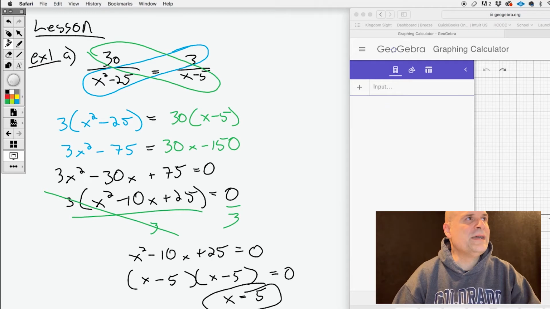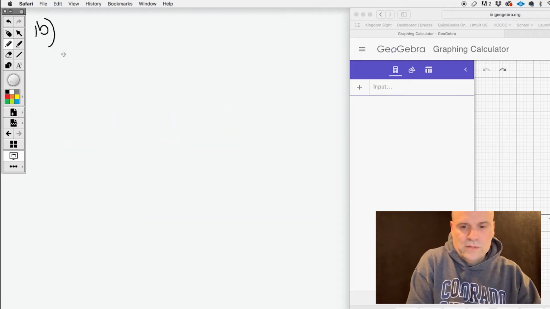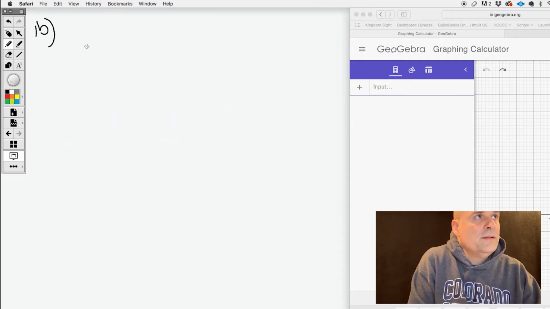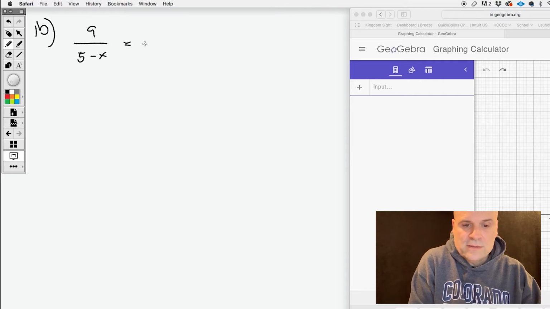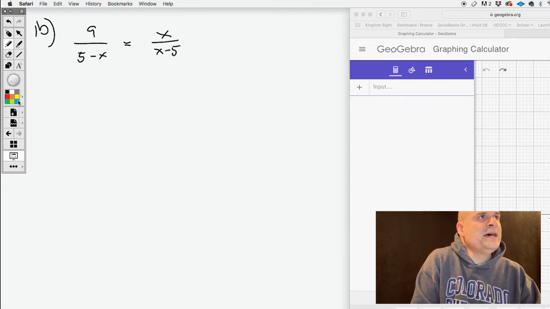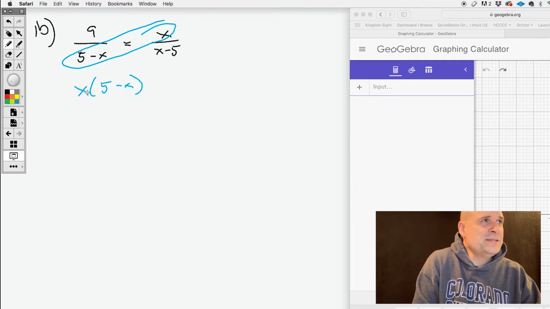All right, let's try 1b. Here's what 1b looks like: 9 over 5 minus x equals x over x minus 5. Cross multiply. x times 5 minus x is 5x minus x squared.